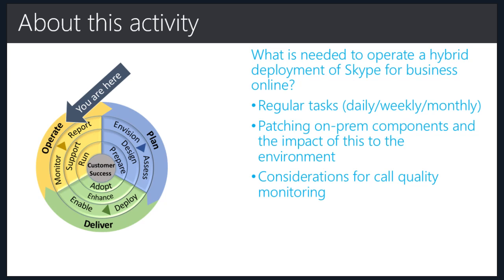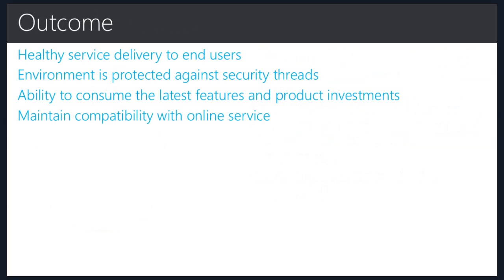So in the end, the outcome of this activity is that we provide ongoing high-quality service to the end users, to make sure that all the product investments that were made in the first place are still valid and still deliver the expected outcome to the end users.